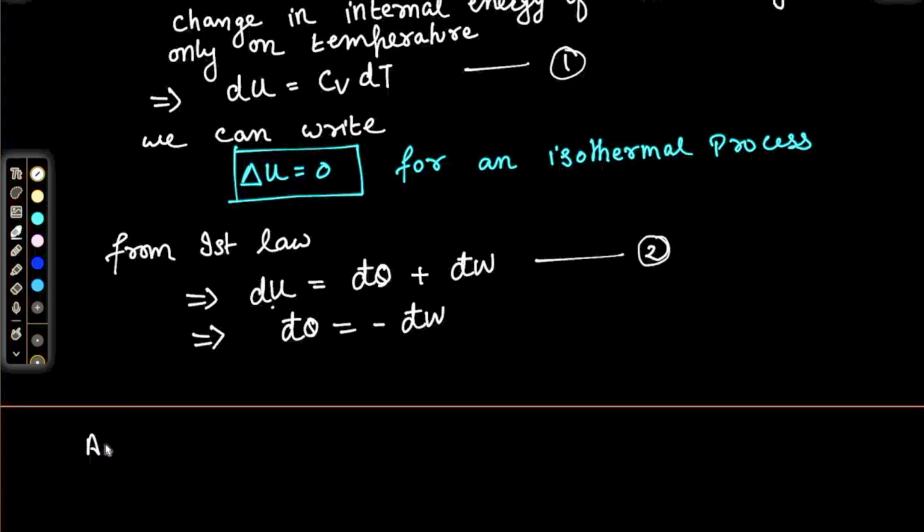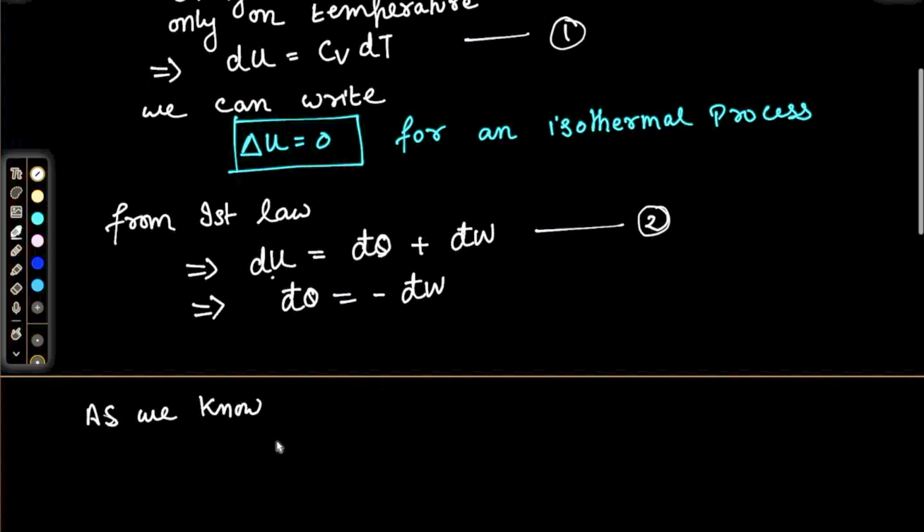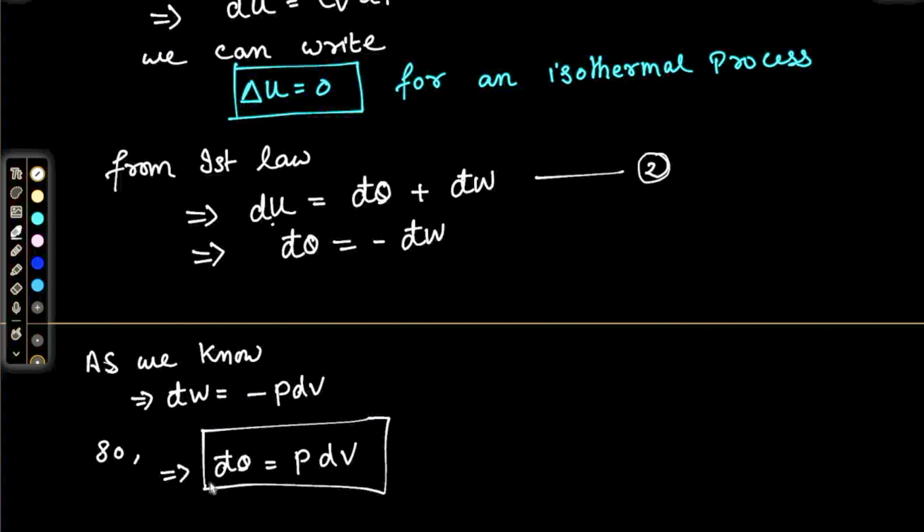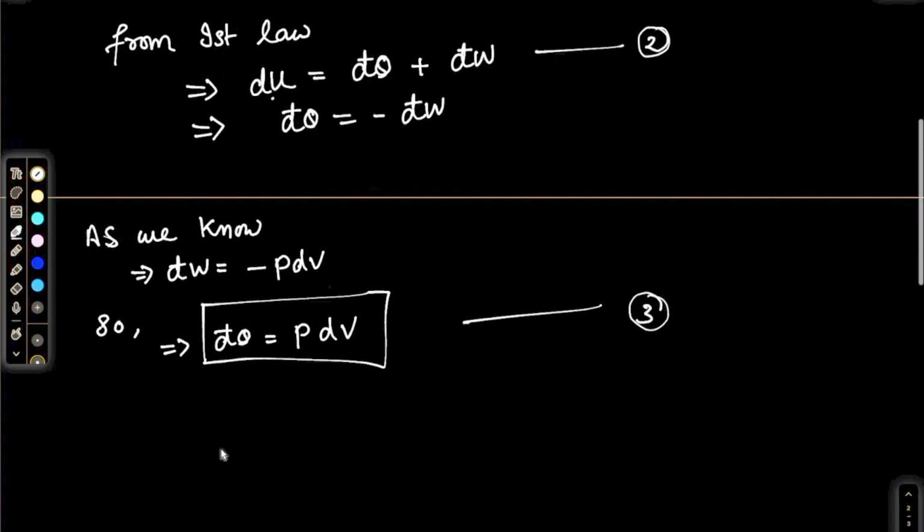And as we know, dw equals minus p dv. So dq becomes p dv. This is equation 3.